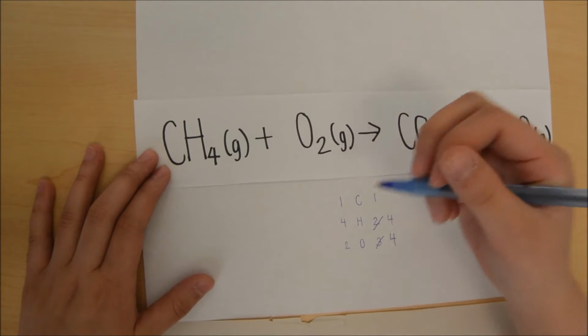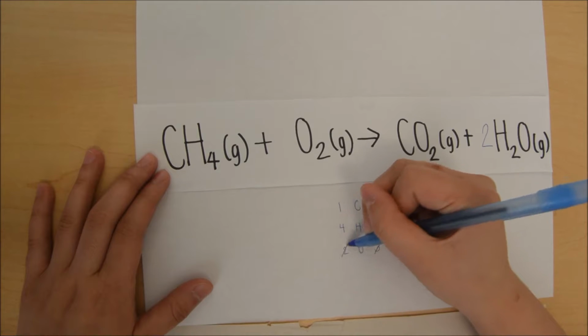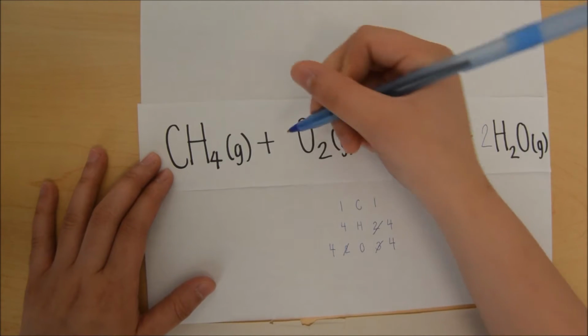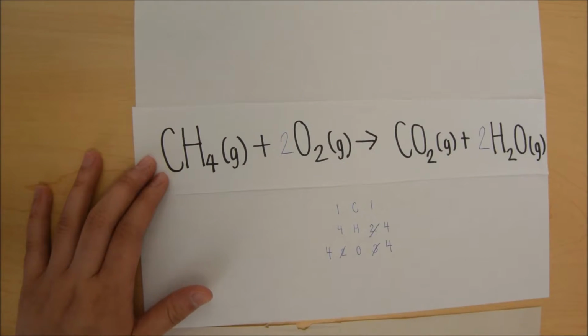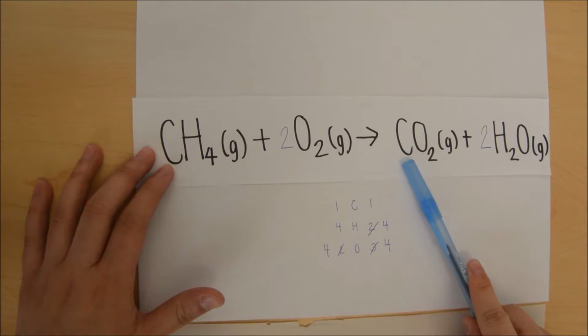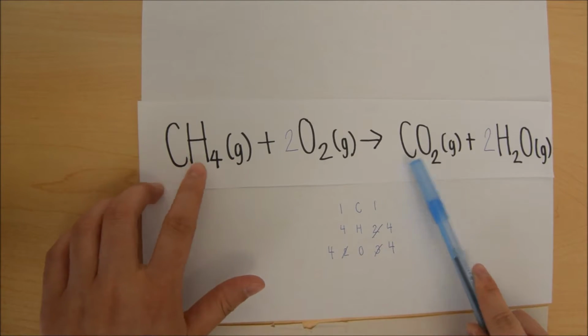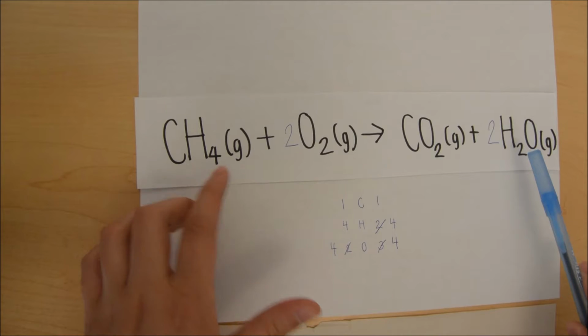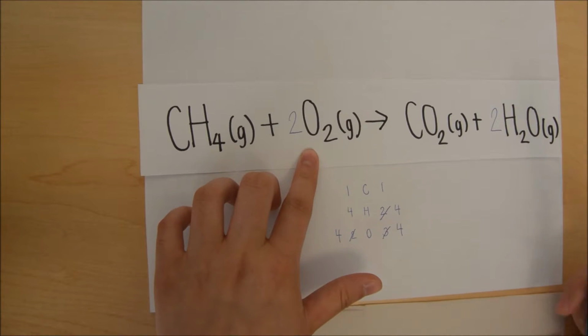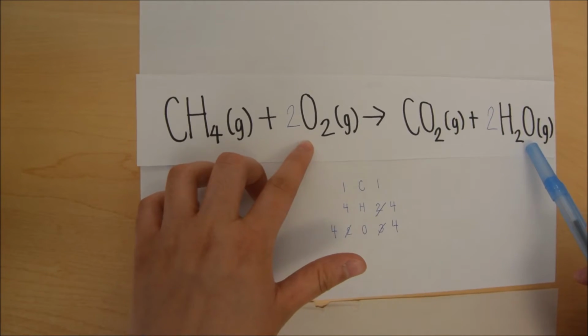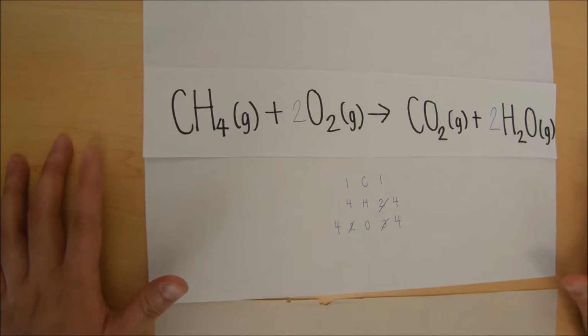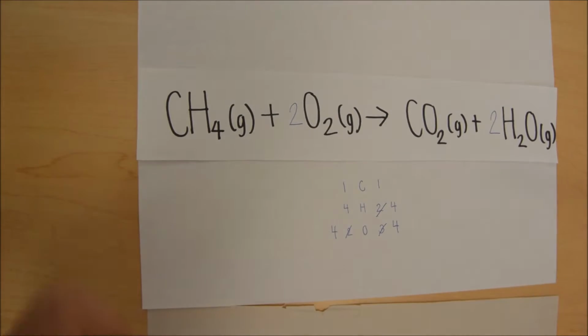So we're going to multiply the O2, the naked element, by 2 to get 4. Like that. So to double check, we have 1 carbon on each side, 4 hydrogens, and 4 oxygens, 2 plus 2. And that confirms that our equation is balanced.